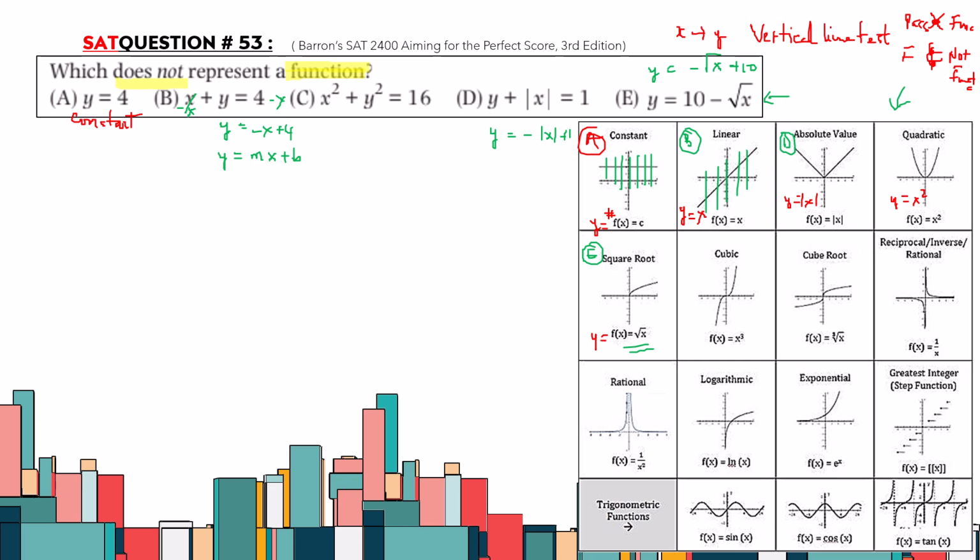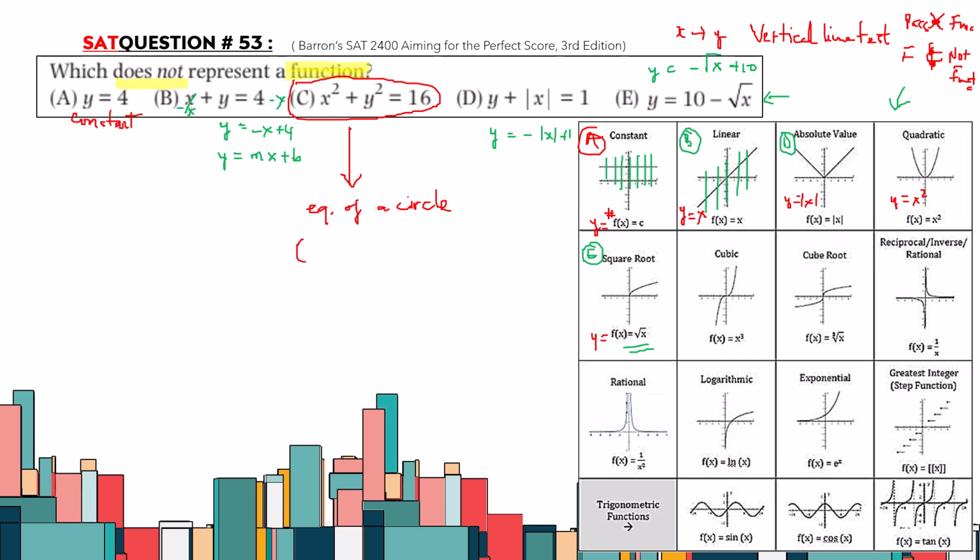Now, we know A, B, D and E look like that. So of course C is not a function, and C should be the answer choice, because this one is the equation of a circle.